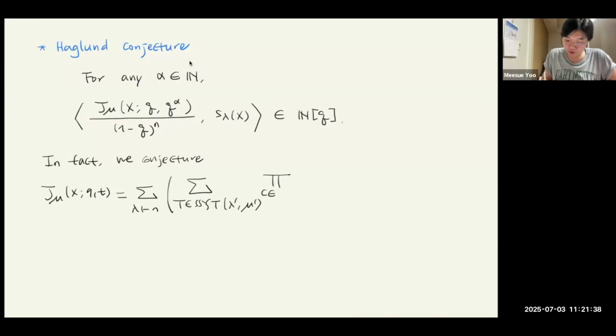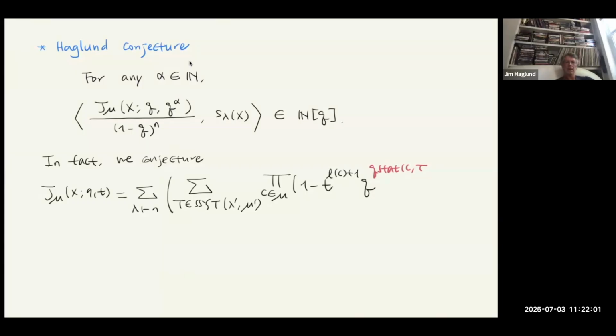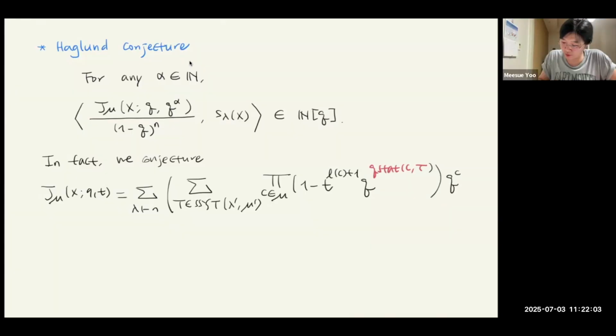Then you multiply over all the cells of mu, 1 minus t to the leg plus 1, and then q to the something that we don't know, which depends on all the cells C and the semi-standard Young tableau T. And then q to the charge statistic of T. And that will be the Schur coefficient.